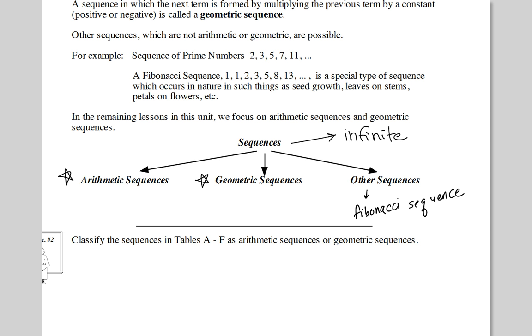So that's a type of other sequence, and we're not going to be doing any of those, so you don't have to worry about any of that. Your focus is arithmetic, geometric, and then we'll also do these infinite ones.